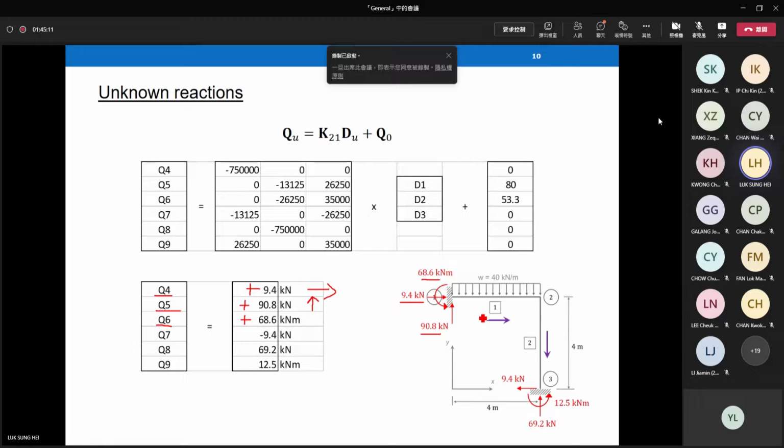Anti-clockwise moment here. So from the calculation, you can see the direction, you can see the magnitude, and you know everything. Q7. Q7 is here, right? At the bottom. The value is negative. A negative means it is pointing to the left. This one. Maybe I change the color a little bit.